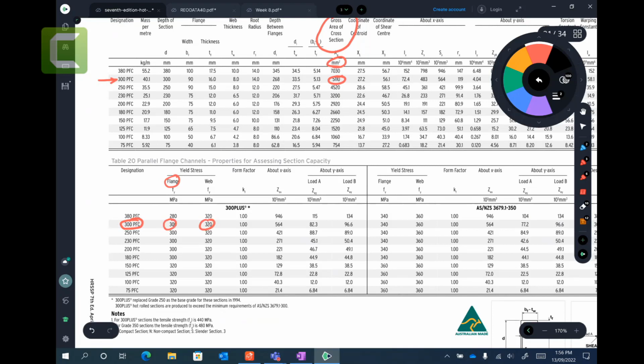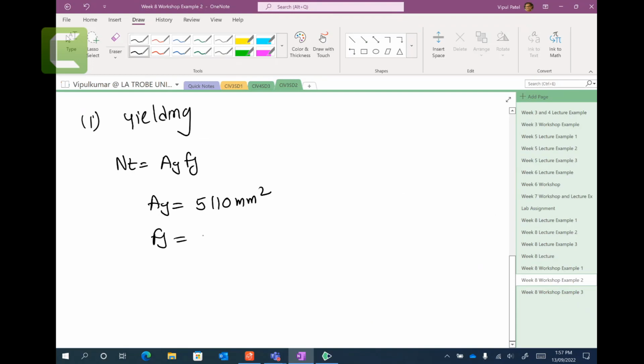I think if I was there, I would consider 300 instead of 320 because that is the smallest value. So let's say you have 300 megapascals for that. You have two options. Take the minimum. That will be conservative. Conservative means it's going to work for both. Yes, please.